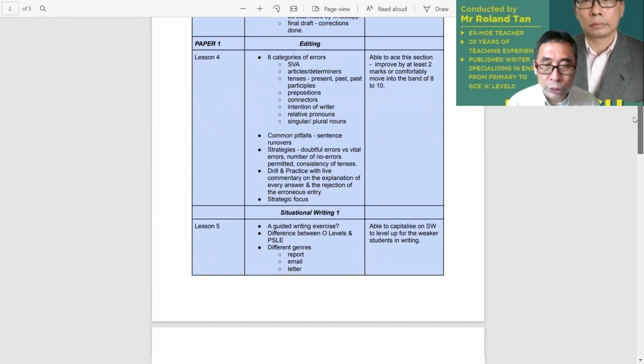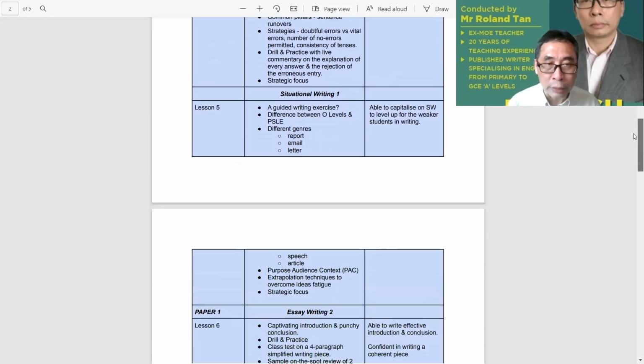Next, we move on to situational writing 1, lesson 5. Now, I mentioned that situational writing is, in fact, a guided writing exercise. Don't you think so? If you look at it this way, situational writing just calls for the ability to understand the nature of the task.